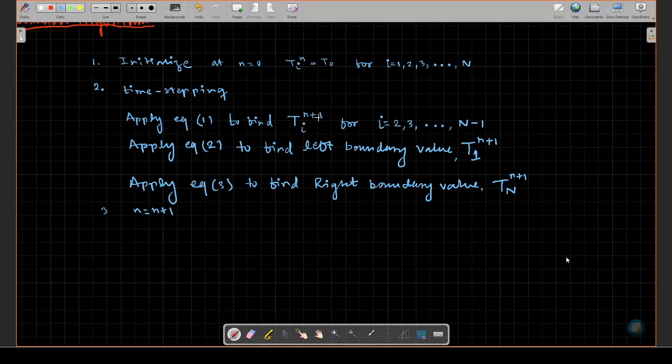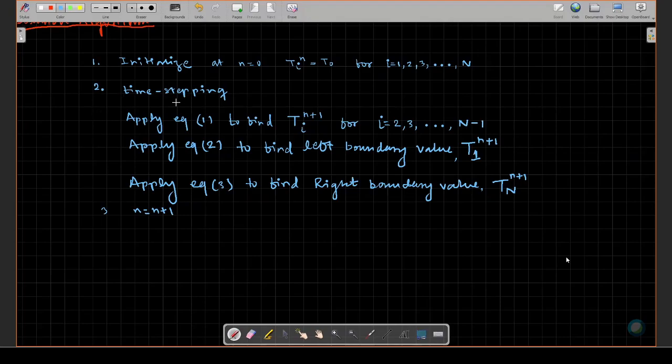In the first case, n equals 0, it is T_i^1, T_1^1, T_N^1. With n equals n plus 1, it becomes T_i^2, T_1^2, T_N^2. Then again, T_i^3, T_1^3, T_N^3. Then T_i^4, T_1^4, T_N^4, like that.